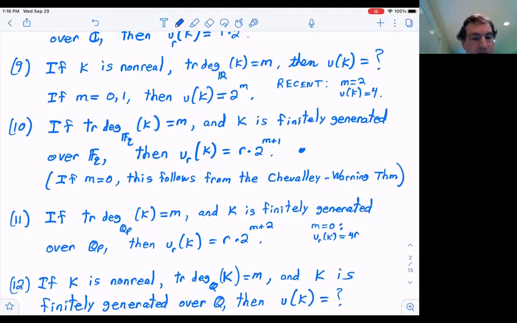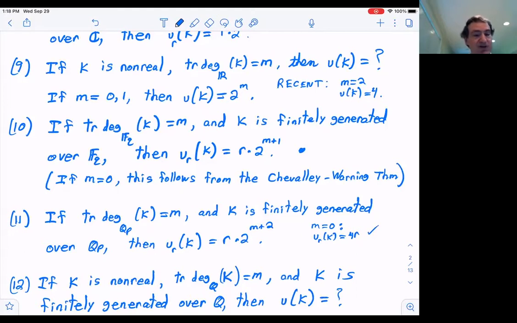But the next big step was taken by Heath-Brown around 2009 or 2010, where he showed this result right there, as long as, let's just say, p is sufficiently large. And then I took that a little bit further and I was able to get the general result.